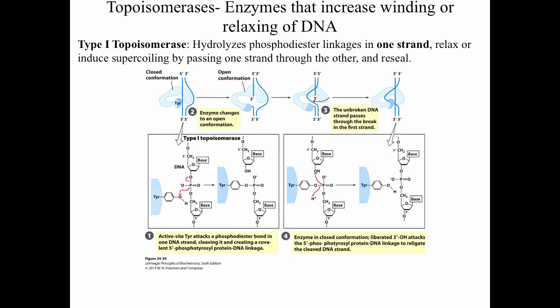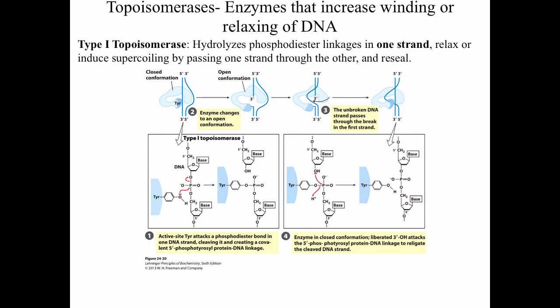Okay, so enzymes called topoisomerases can increase or decrease the winding of DNA by hydrolyzing the phosphodiester bond of either one of the strands of the DNA or both strands. So the type 1 topoisomerases hydrolyze the phosphodiester linkage in one strand of DNA to either induce or relax the supercoiling.